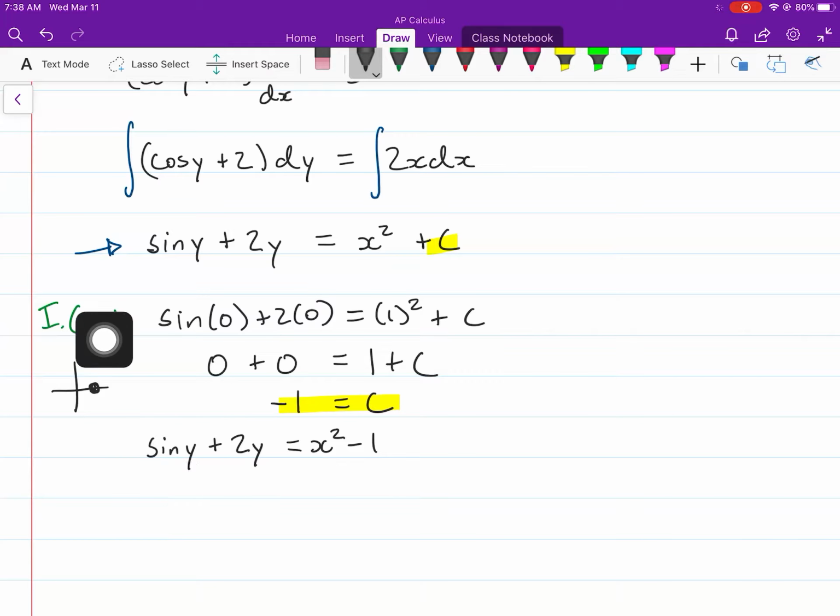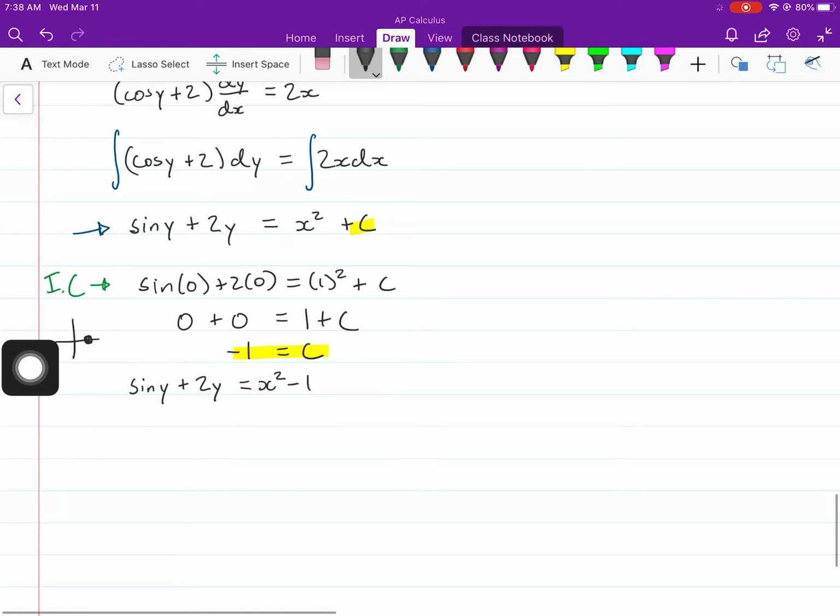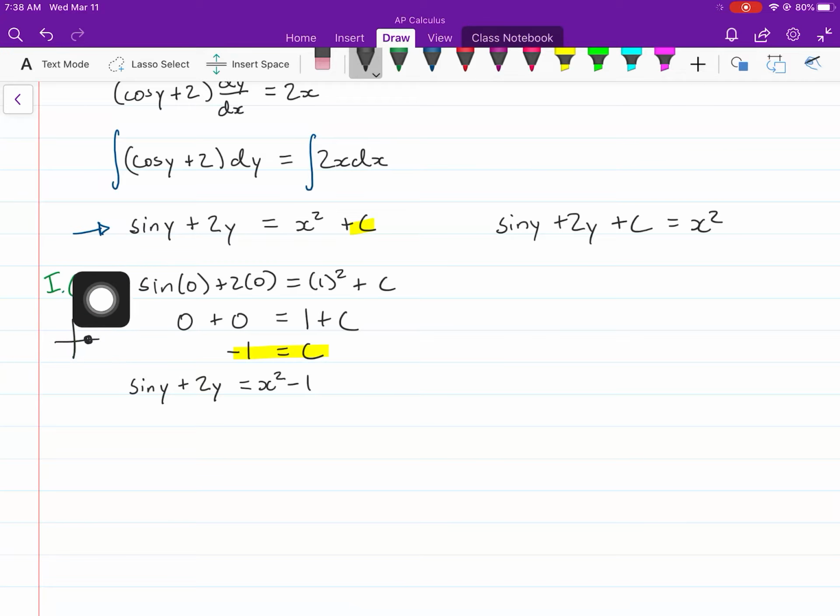But let's take a look at what if we put c on the other side. You do your antiderivative, and let's just say you wanted to put it on the left side. Let's see what happens. So we'd have sine of y plus 2y plus c equals x squared. So let's just say we're going to plug in our initial condition here. You'd have sine of 0 plus 2 times 0 plus c equals 1 squared.